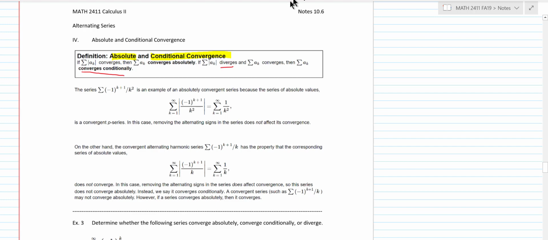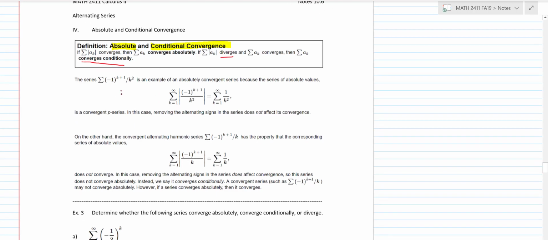There are a couple of examples that are pretty simple, just to illustrate this, and easy enough to do in your head. If you look at this particular series right here, this is an alternating series, and this is an example of one that's absolutely convergent. The reason is that if you took the absolute value of this expression, this term right here would become positive. So instead of alternating from -1 to 1 and so forth, it would just become 1. And you might recognize that this is a p-series.